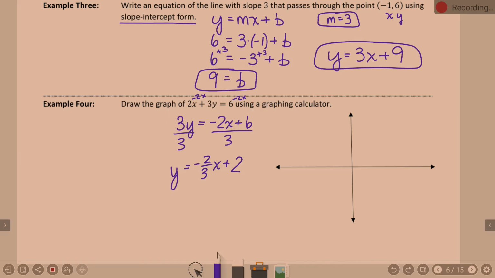Okay, guys, not all of our graphs look the same because some of our settings are different. Do you see Zoom right here? The zoom button gives you some options. I just want a standard 10 by 10 screen.